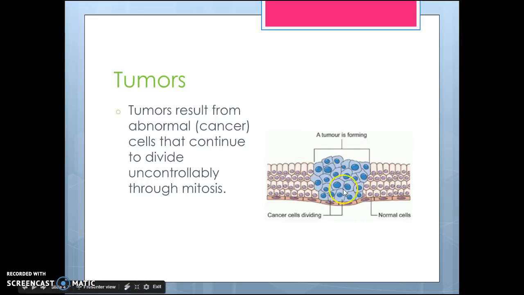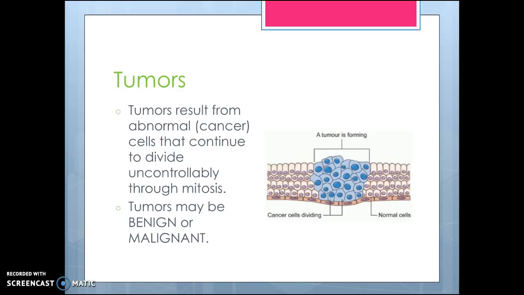Those are all those cancer cells that are dividing. And if you've done page 76, you've also seen some cancerous cells under the microscope where you had to count them in their particular phases. But you can start to see that those cancer cells build up on themselves, and they create what is called a tumor. Tumors can either be benign or they can be malignant based on the characteristics that they display.